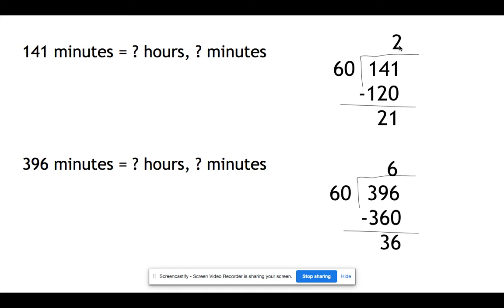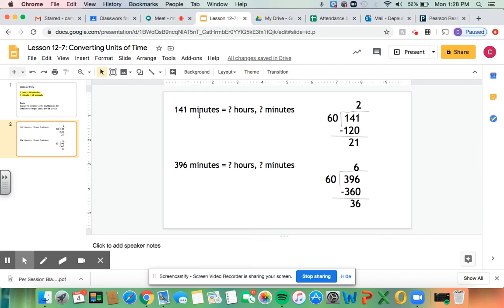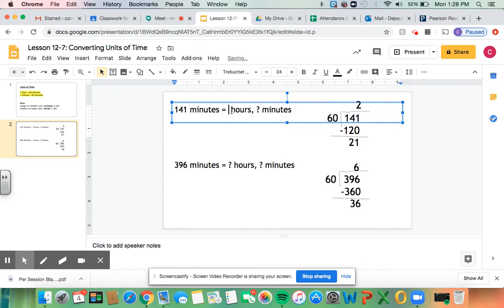So I have 2 wholes, which means I know that there's at least 2 hours in 141 minutes. So I'm going to go ahead and plug in 2 hours. Now, I know that there's a little bit more than 2 hours, but there's not 3 full hours.